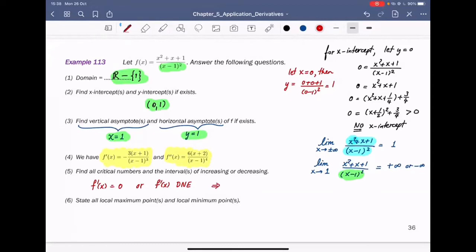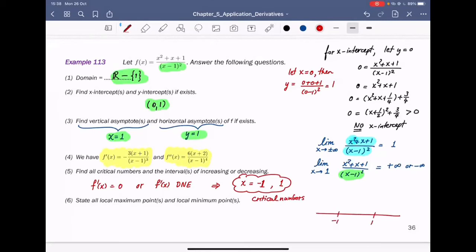This is going to be the point x equal to -1, right? -1 is going to give you f prime equal to 0 because of the x plus 1 here. And then you're also going to have x equal to 1 because it gives you the denominator equal to 0. This is the point where f prime does not exist. So this is going to be your critical number. So you have critical numbers -1 and 1 here.